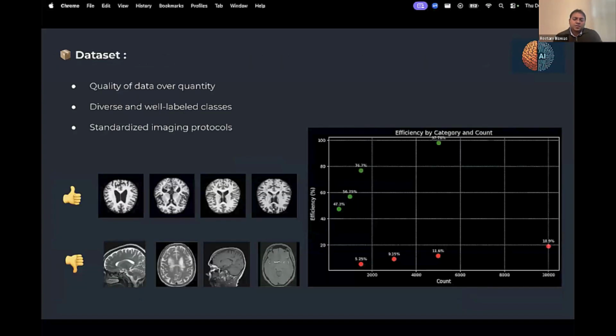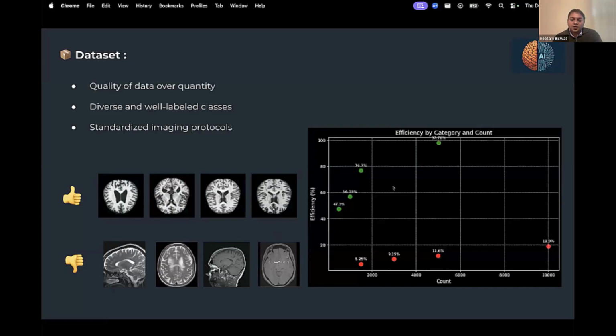Similar to many other models, the data set is one of the key factors here. When we talk about MRI scans, the quality of data makes a huge difference when we are trying to train this model. If you look at these pictures, this is a good example of a good data set of MRI scan images, and at the bottom I have given some examples of data that is not as good as the above and may not give the best result for training the model.